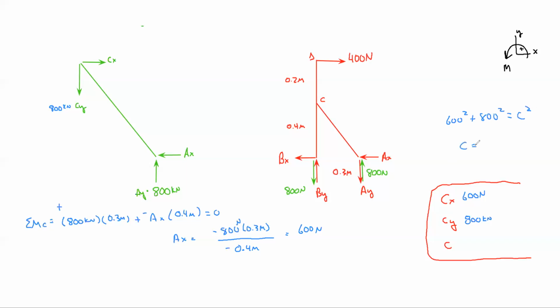So 600 squared is 360,000 plus 800 squared is 640,000. That gives us a total of a million. The square root of that is 1,000. These were the two answers that I was looking for. If you did this, I accepted that as well.